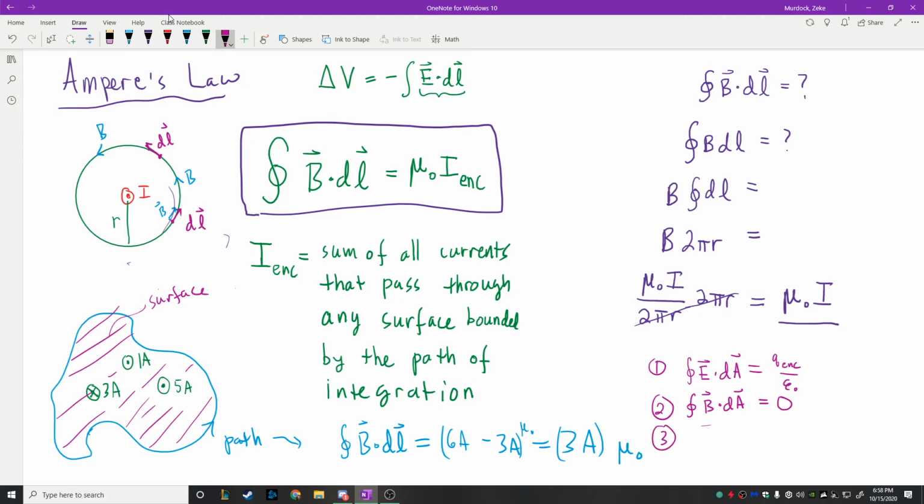This is the third one, Ampere's law, which states what happens when you do the integral of B dot dl, and we find out that you get mu naught times I enclosed. The fourth Maxwell equation, I'll tell you right now, is related to this. It talks about what happens when you do the integral of E dot dl.